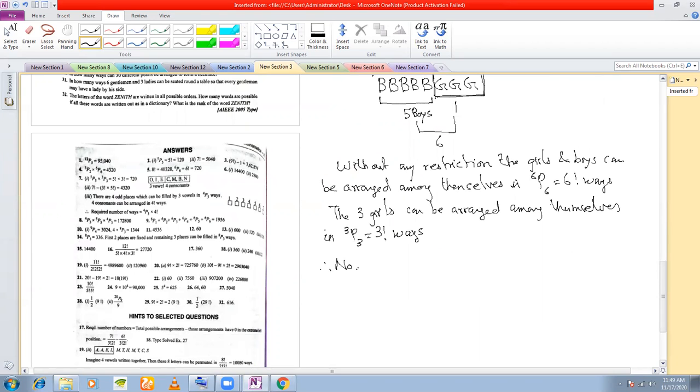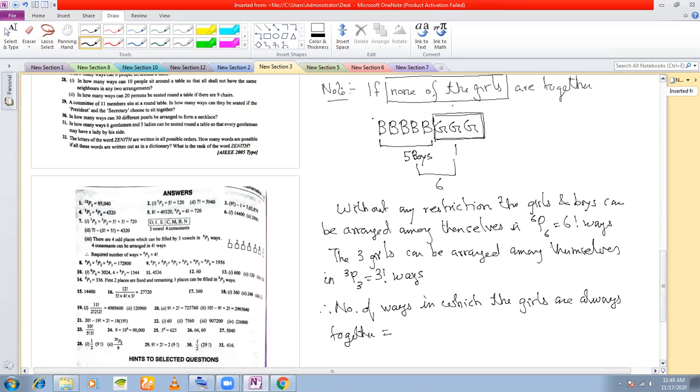Therefore, the number of ways in which the girls are always together. See, there are how many in total? Five boys and three girls, right?